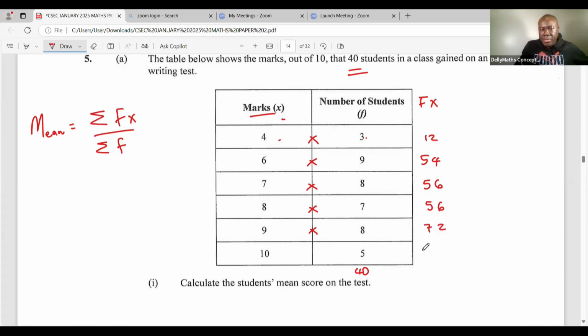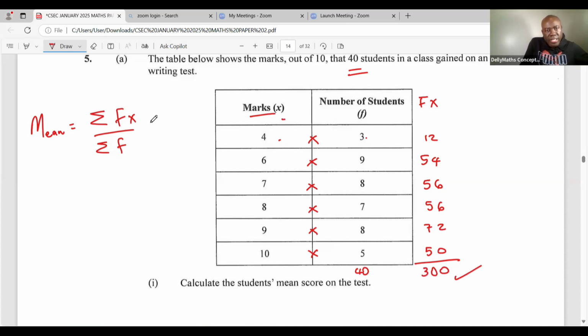And 10 times 5 here gives us 50. So we need to sum this up. It's 12 plus 54 plus 56 plus 56 plus 72 plus 50. Okay, this is 300 I'm getting here. All right, very good. That's 300 there.